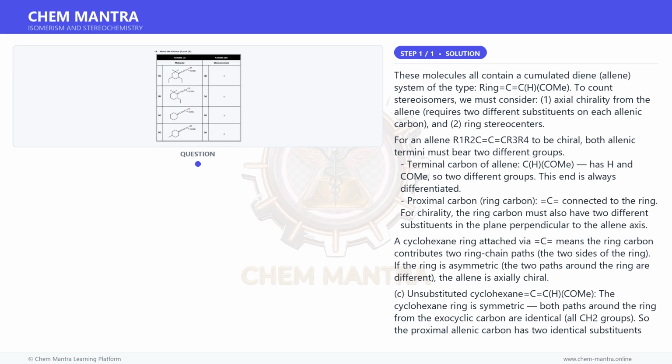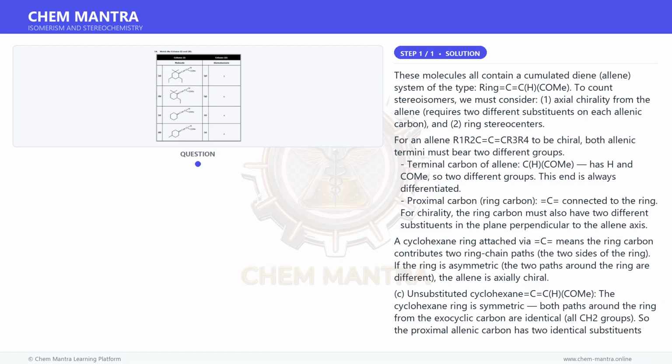Let me reconsider. C4 in a 4-methylcyclohexane ring: actually the 2 paths from C4 going around the ring, C3, C2, C1 versus C5, C6, C1, are constitutionally identical in an unperturbed ring. Only if the ring itself is locked or if the allene makes them different.